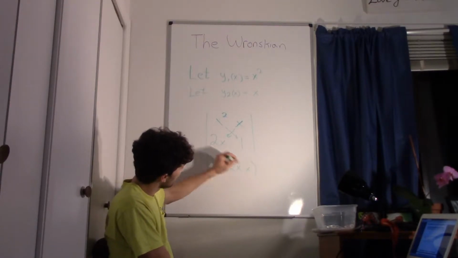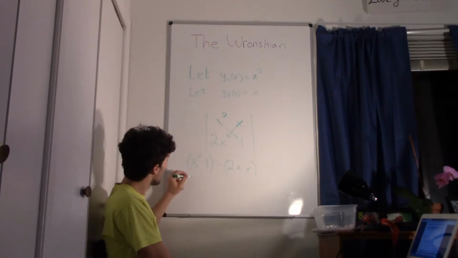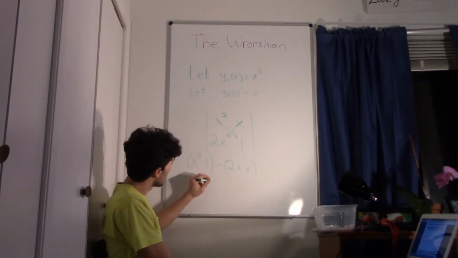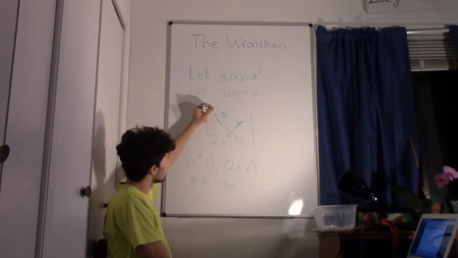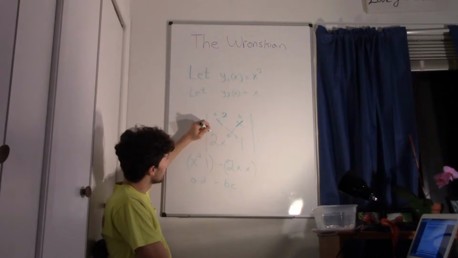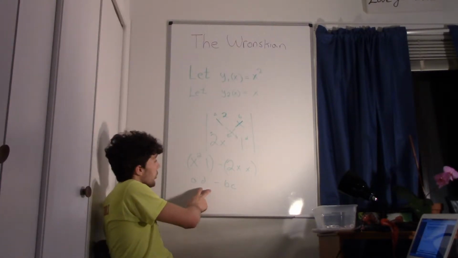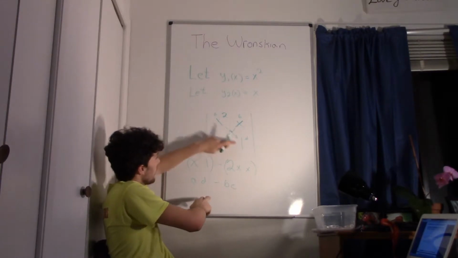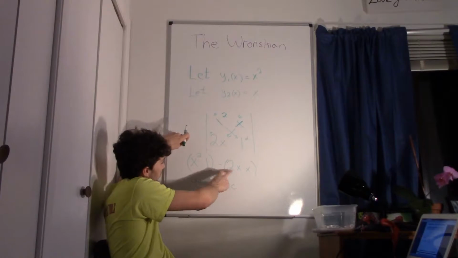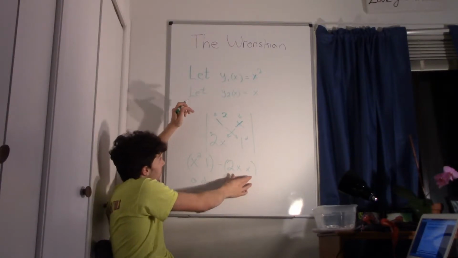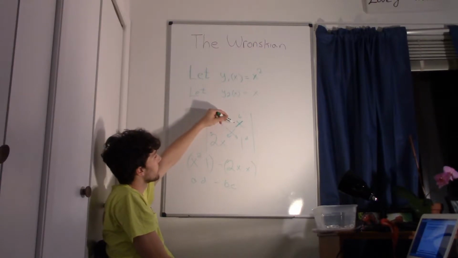The formula for that is simply AD minus BC in standard form, where the matrix goes A, B, C, D. If you see, I followed the formula here. X squared is A, 1 is D. So there's A times D minus the product of C and B, or B times C. Same thing both ways, right?